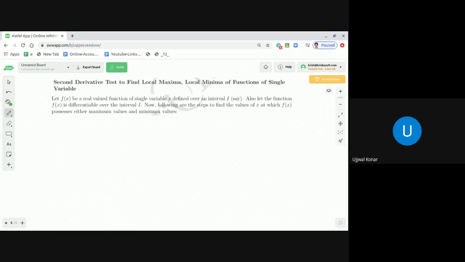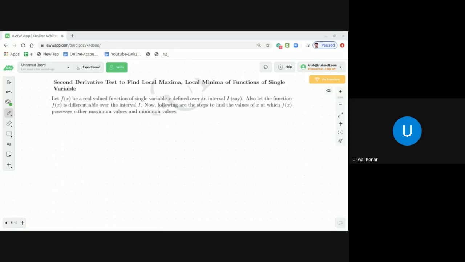Now, following are the steps to find the value of x at which f(x) possesses either maximum value or minimum value. Step by step, dear students. Notice these steps very carefully. The step one is that assign y equal to f(x).